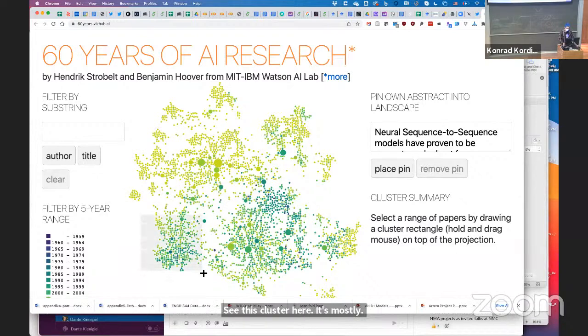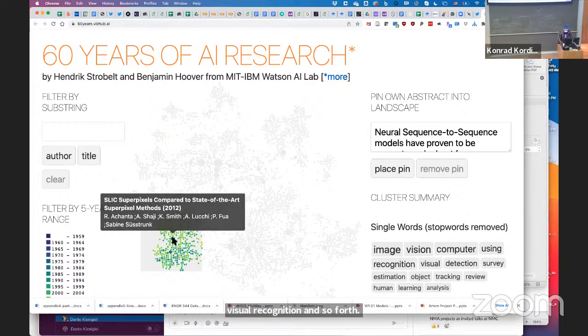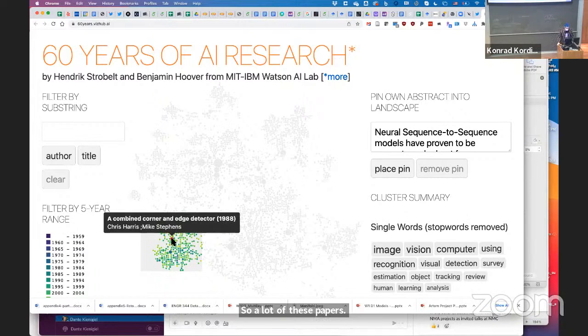What's going on here? Let's look at that. What do we have here? So here we have a cluster. What you see in the quick summary here is image vision, computer vision recognition, visual recognition, and so forth. So a lot of these papers are old school computer vision papers. Here, a combined corner and edge detector, 1988.